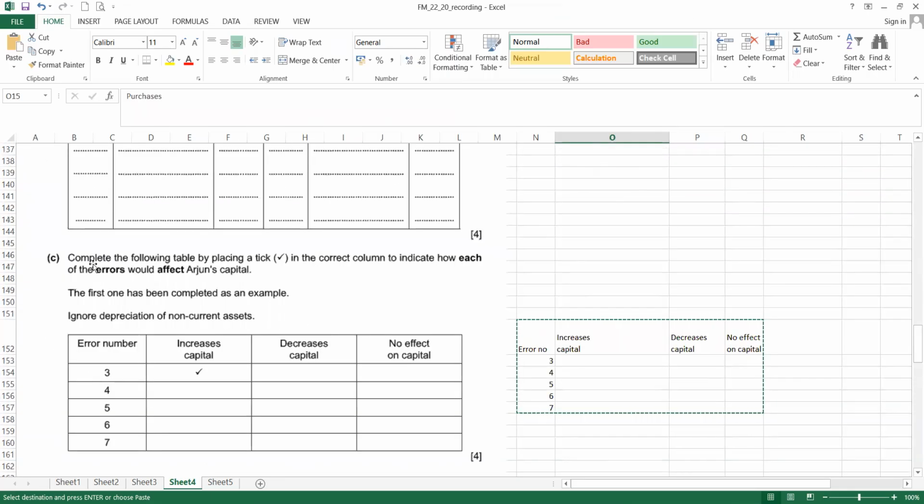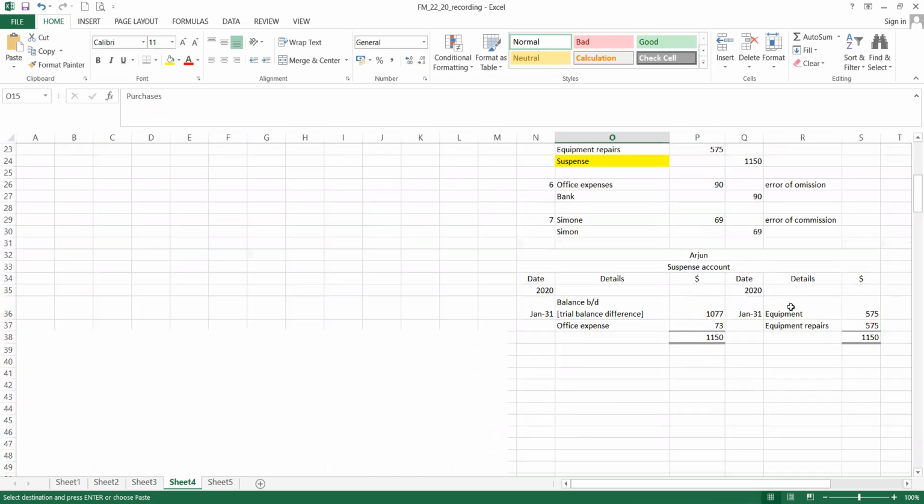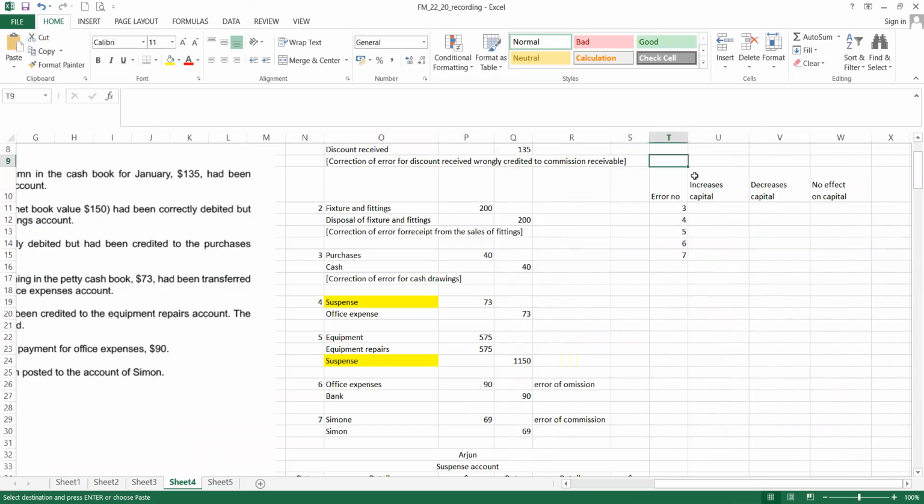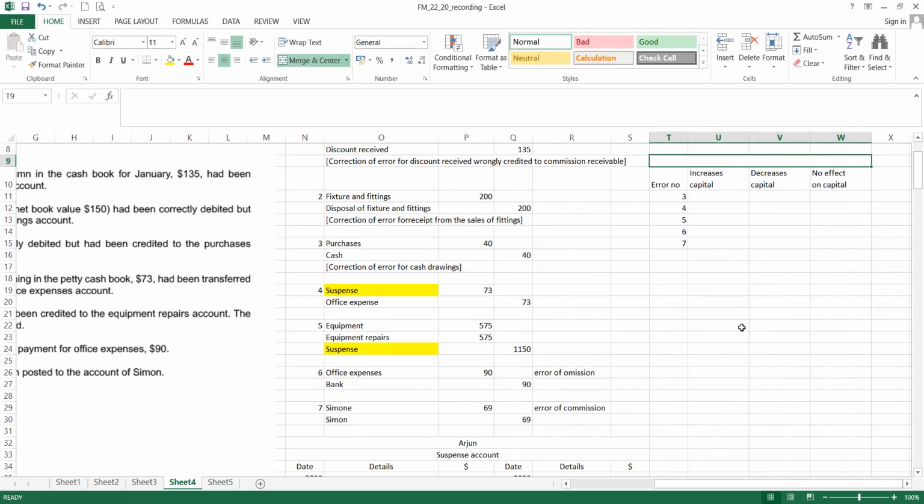Okay, complete the following table by placing a tick in the correct column to indicate how each of the errors will affect capital. Okay, this question they are asking is before the adjustment. I mean, before this adjustment, this number is 4C. They're asking that before adjustment, that means before the journal, what is the impact?